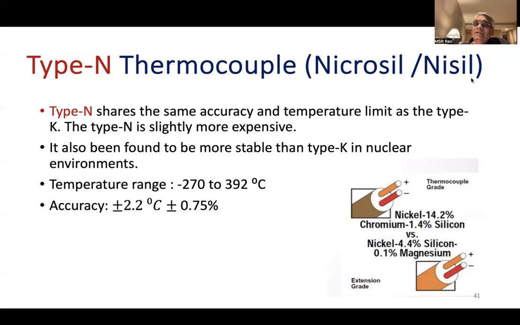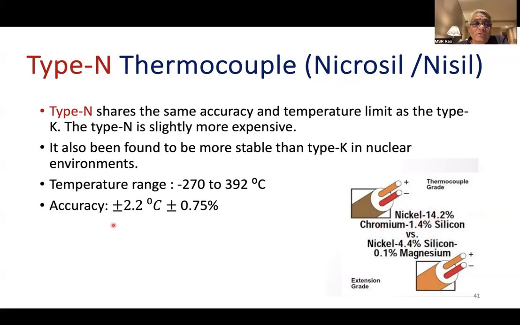Then the type N thermocouple is nicrosil and nisil. Type N shares the same accuracy and temperature limit as the type K thermocouple. The type N is slightly more expensive. It consists of nickel, chromium, silicon on one side. On the other side, you have nickel, silicon, and magnesium, in those ratios that I have shown there.